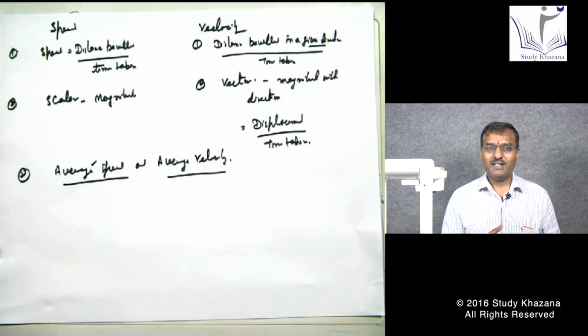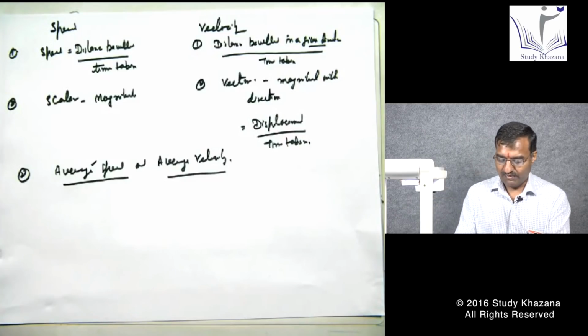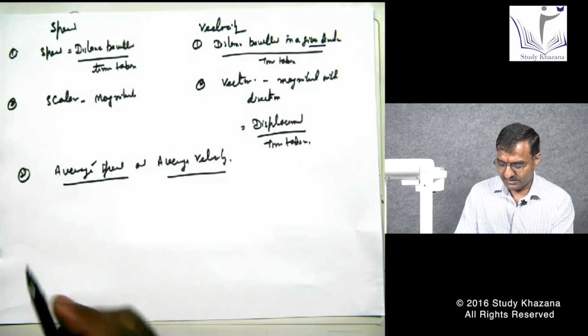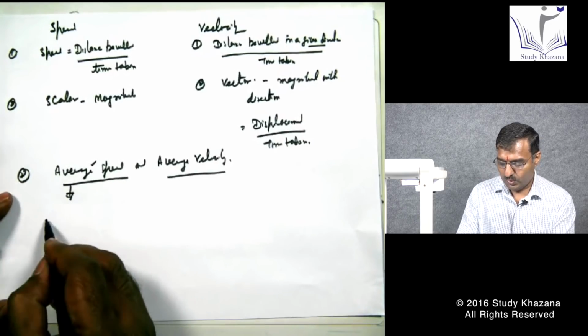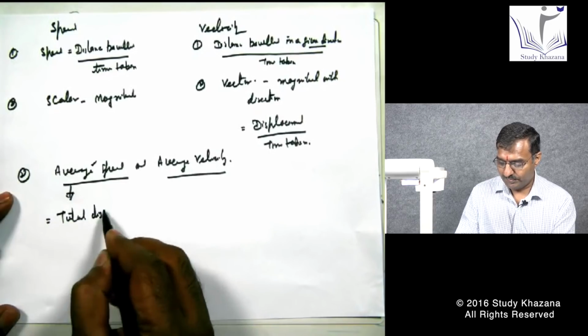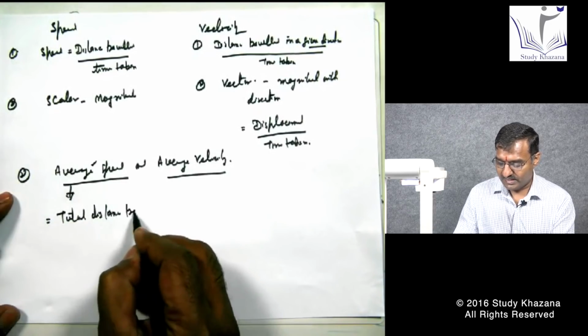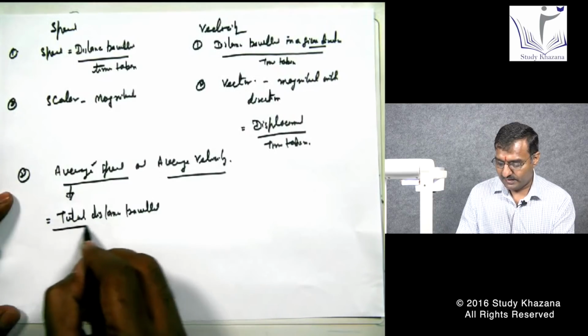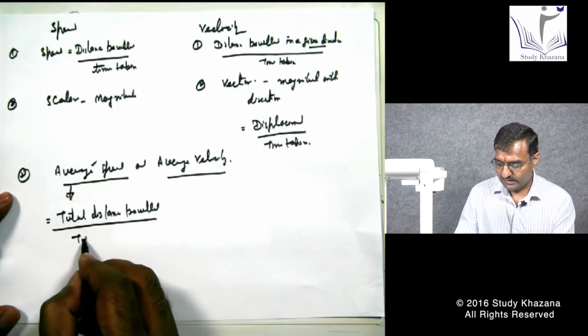So here we have to find the average speed. In case of average speed, we consider the total distance traveled divided by total time taken.